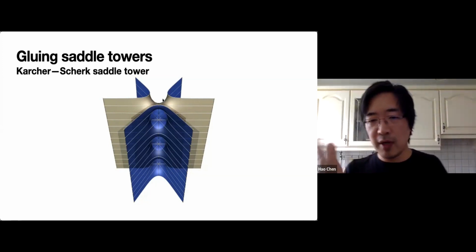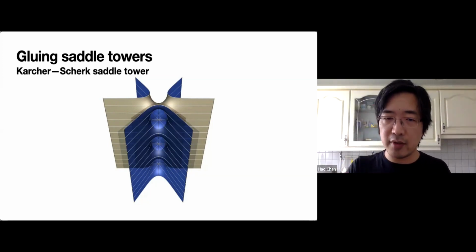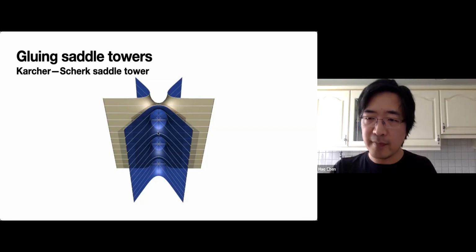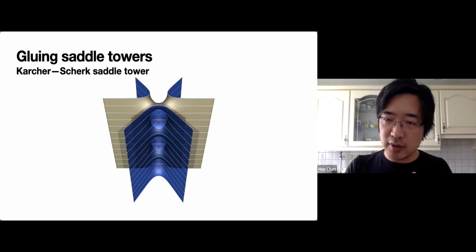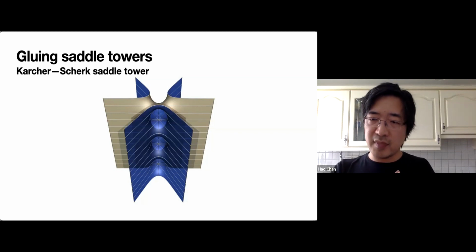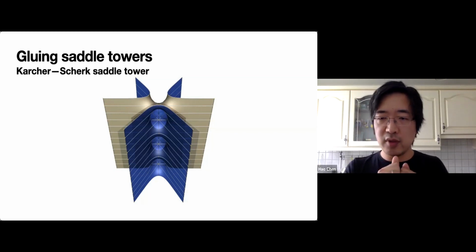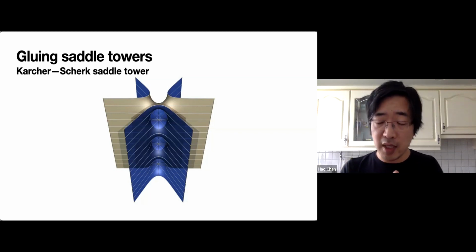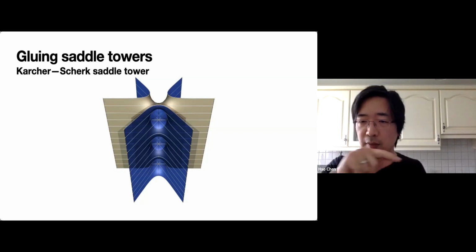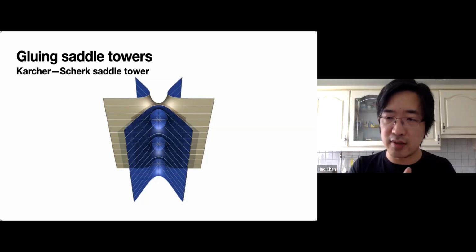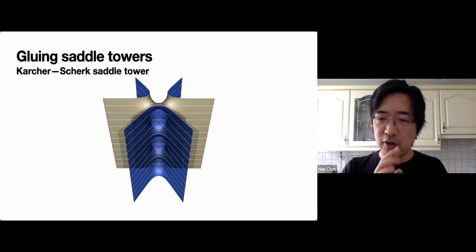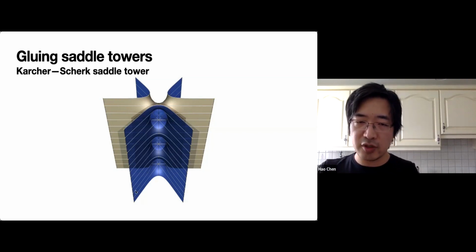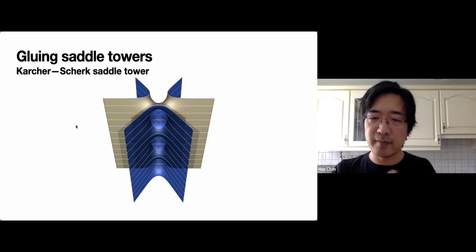They are singly periodic with a single vertical period, and we always take the period to be 2 pi. If we quotient out the period, a saddle tower is conformally equivalent to a Riemann sphere with punctures, and all the punctures are on the real axis. Each puncture corresponds to a Scherk end, a Scherk wing.